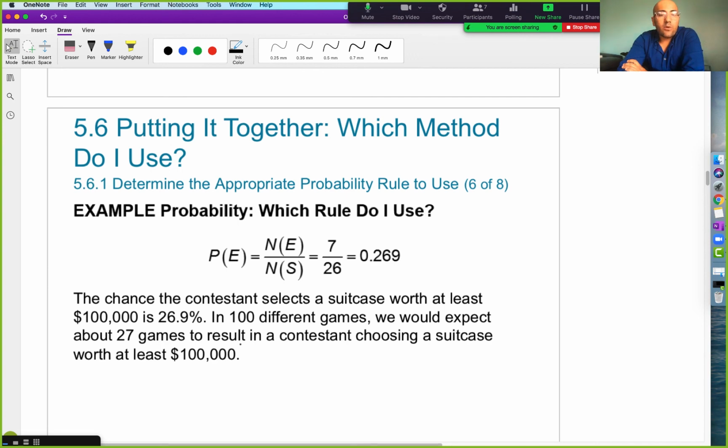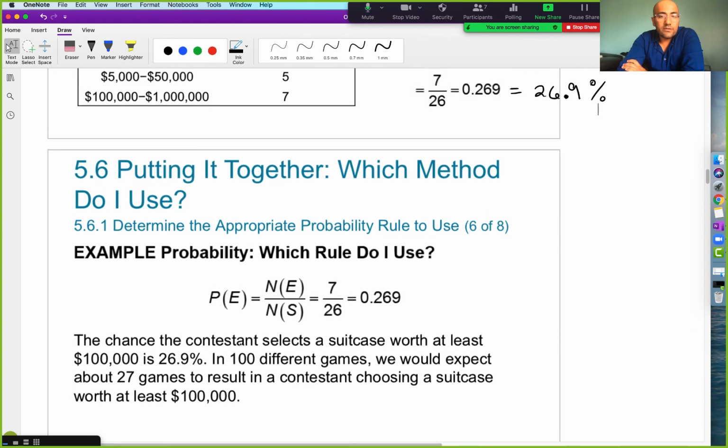Okay, so now when we want to interpret it into language, to interpret that percent, this is often a way to interpret that. 26.9% means that in 100 different games, we would expect about 27 games to result in a contestant choosing a suitcase worth at least 100,000.